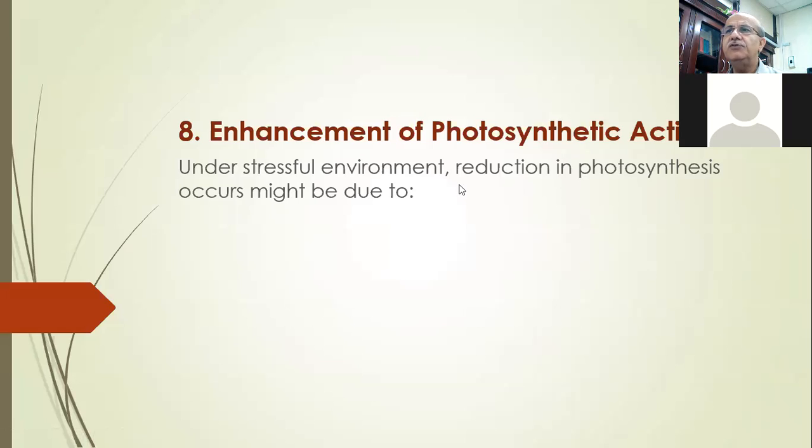Under stressful environment, there is reduction in photosynthesis, which might be due to decrease in leaf expansion. Leaves do not expand properly, so there is less light absorption, and so there will be less photosynthesis.